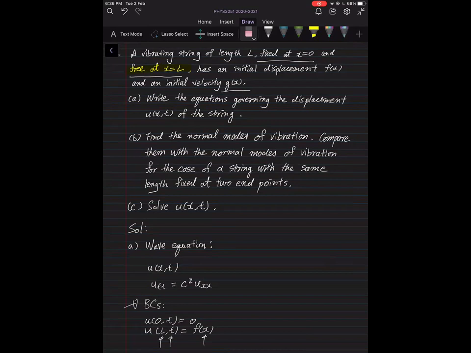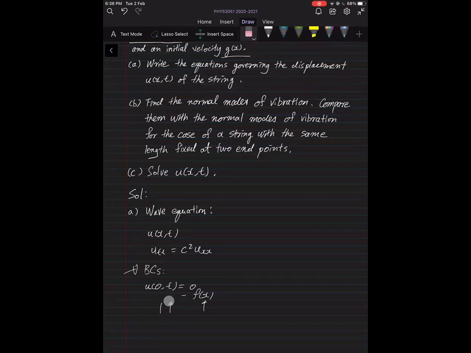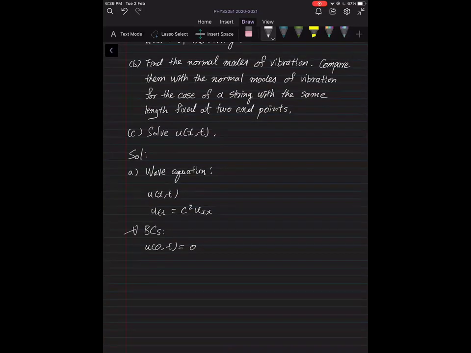Could it be u_tt equals 0? Utt is just the acceleration, and it's also proportional to the force.